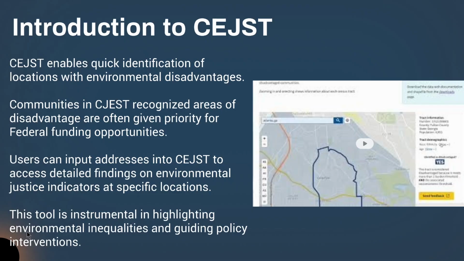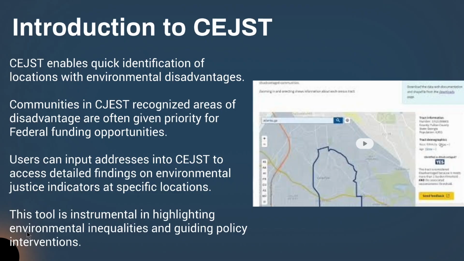The communities that are in recognized areas of disadvantage are often given priority for federal funding, for federal cleanup or federal environmental things or what have you, grants, a lot of those things. So this is a tool that is used to make the decisions a lot of times at a regulatory and legislative level, as well as being open source because it's government collected.